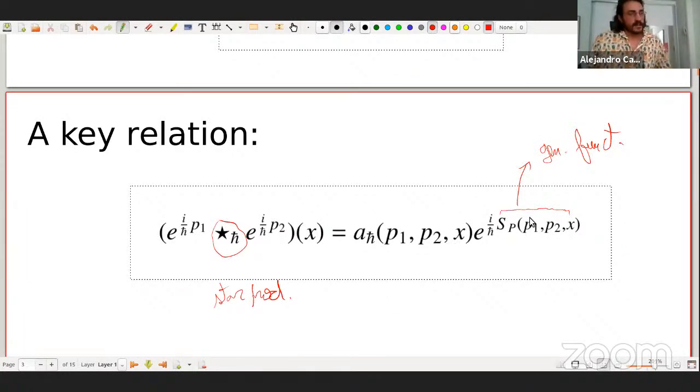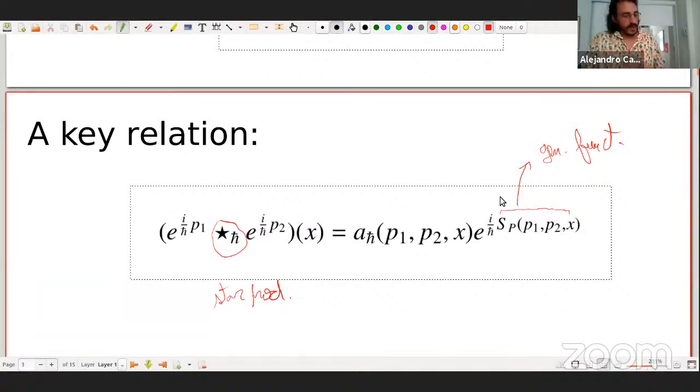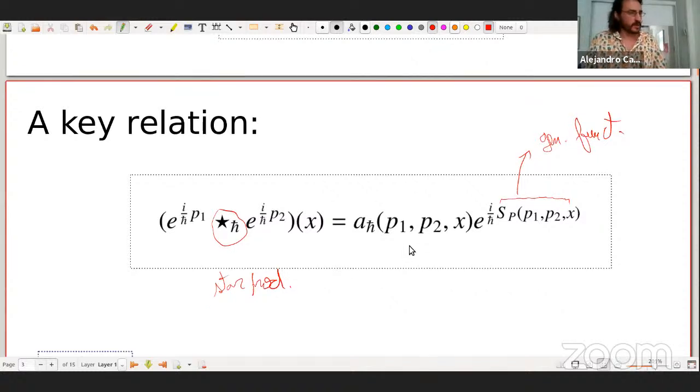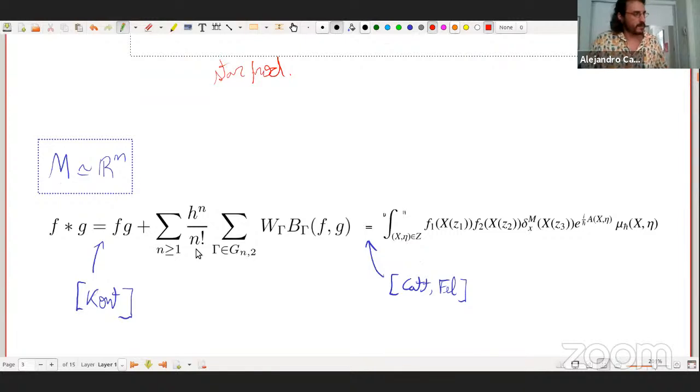And then what you see is that the condition on this object is that it's a generating function for something called a local symplectic groupoid that I will introduce next. But before doing that, let me just show you a couple of formulas without addressing them yet.